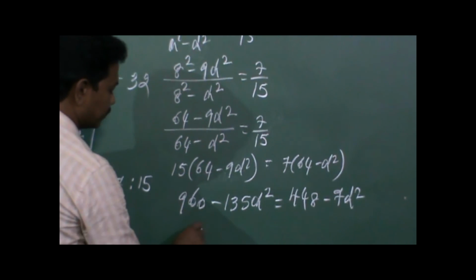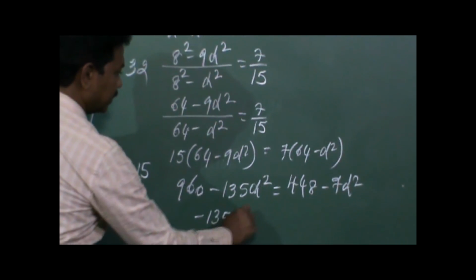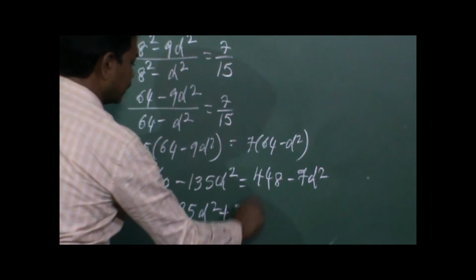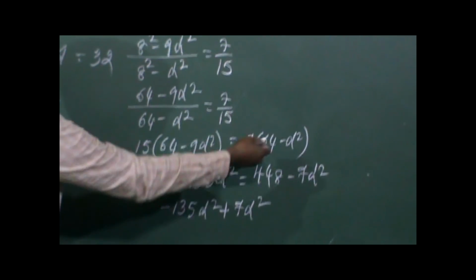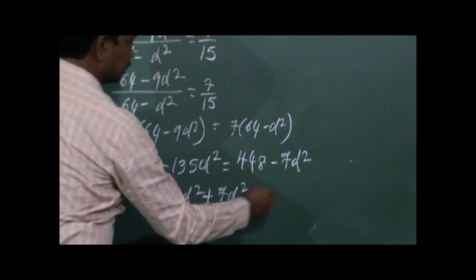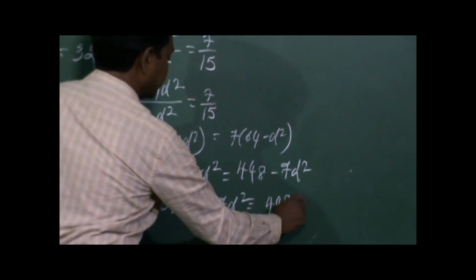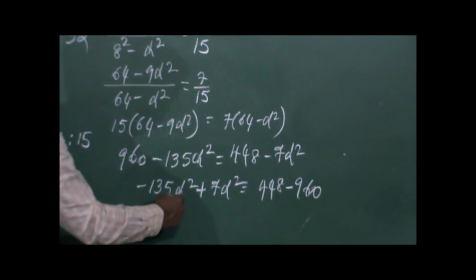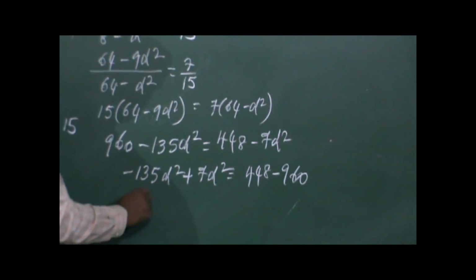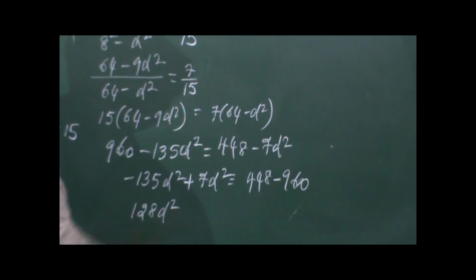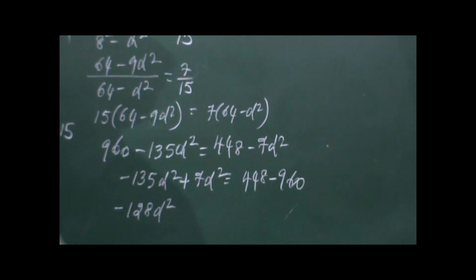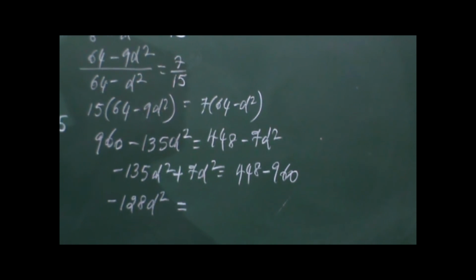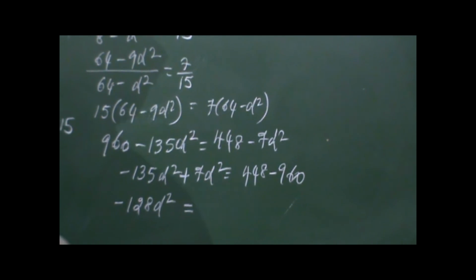So minus 135 d square, let it remain here. Minus 7d square gets transposed to plus 7d square, and plus 960 gets transposed to the right-hand side, that is 448 minus 960. So minus 135 d square plus 7d square is minus 128 d square, equal to 448 minus 960, which is minus 512.